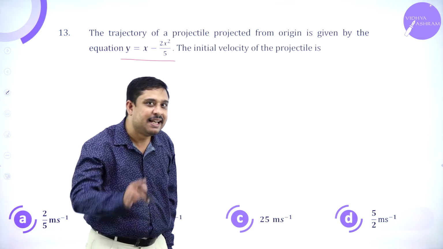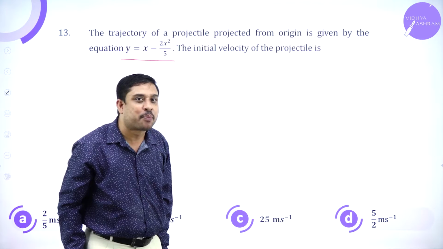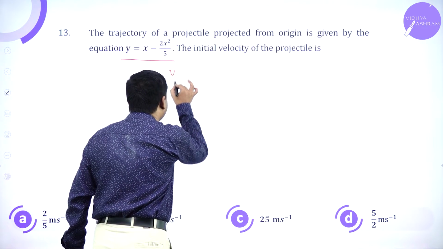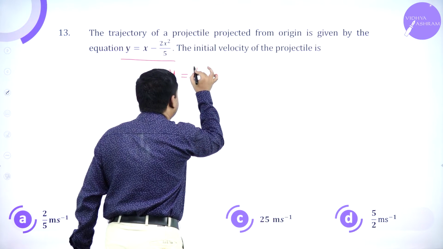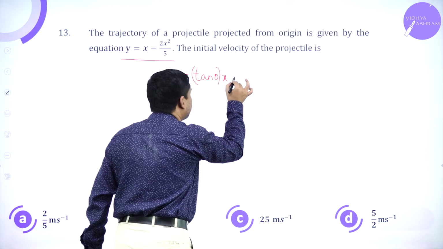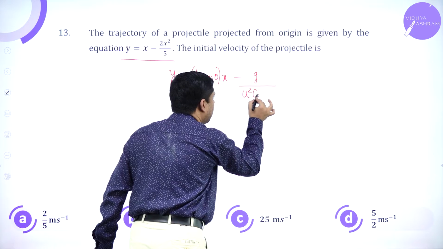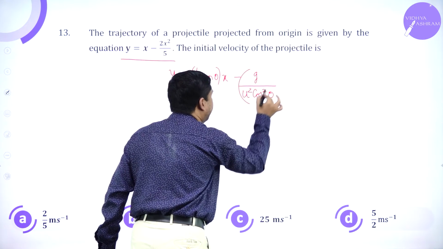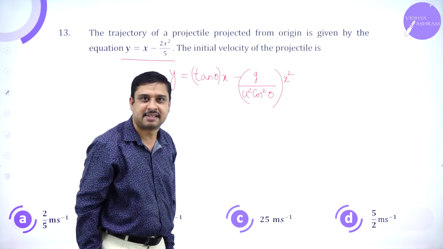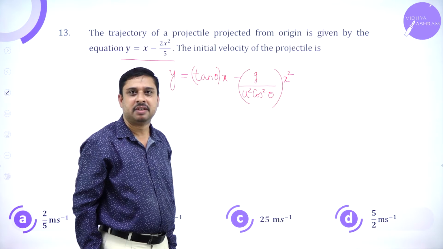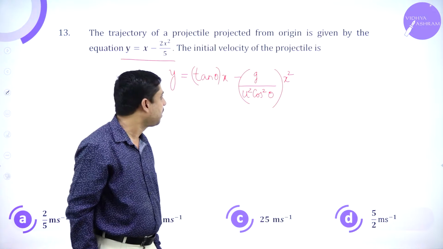My dear friends, can you give me the standard equation for projectile motion? Yes, sir. The standard equation is y equals x tan theta minus g x square by 2 u square cos square theta. You should remember this standard form, the standard equation for projectile motion.